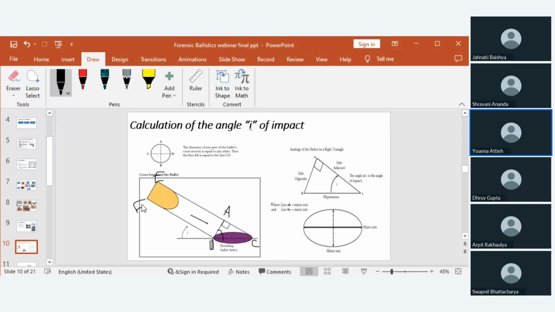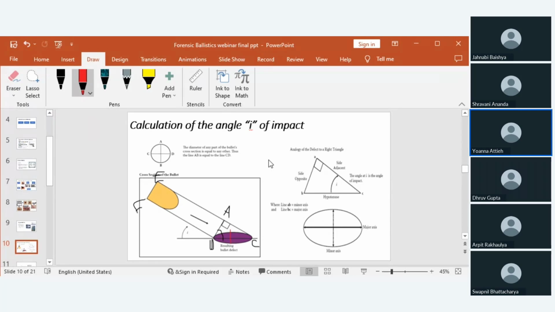Simply, EF is equal to this line here, which is the major axis. So if we want to calculate the angle of impact, sine I is equal to BC over this line, let's say it's MN. And by doing so, we will be able to calculate the sine I.